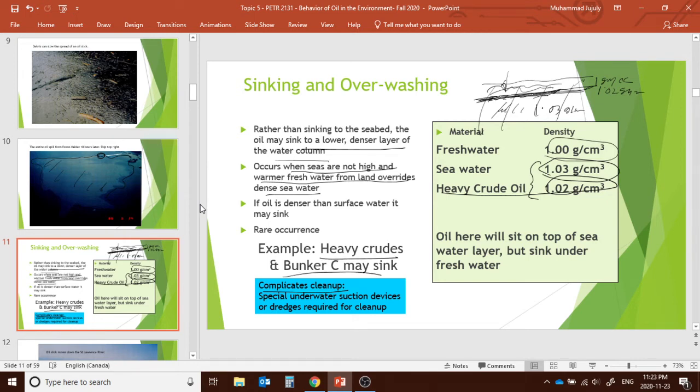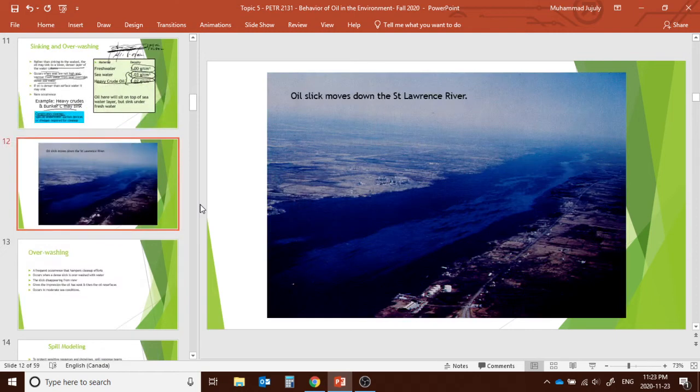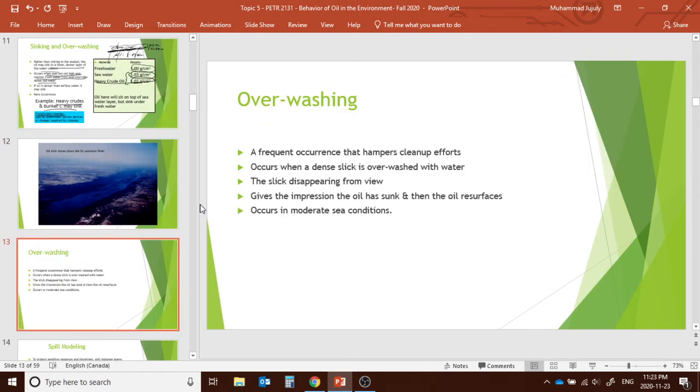Although this is a rare occurrence, it can happen for heavy crude oil or bunker sea oil. Now, overwashing frequently occurs and that hampers the cleanup. And the oil slick can disappear from view, so it would be a big challenge to detect it, all right?